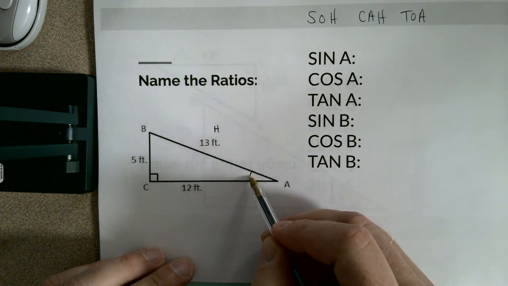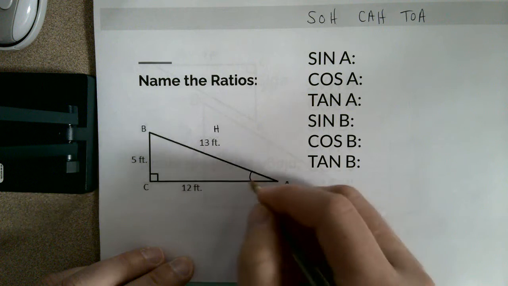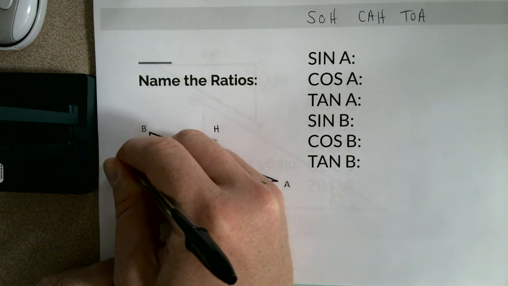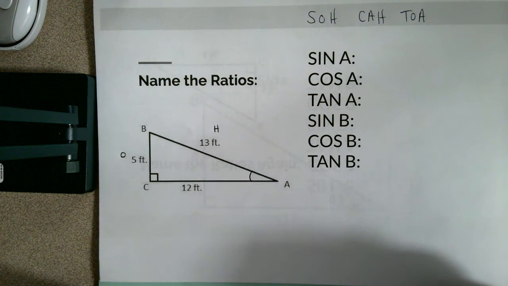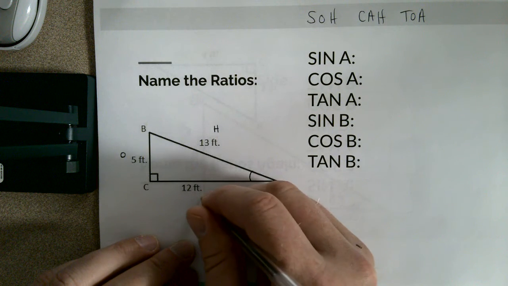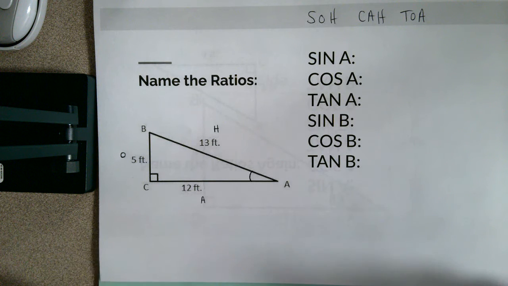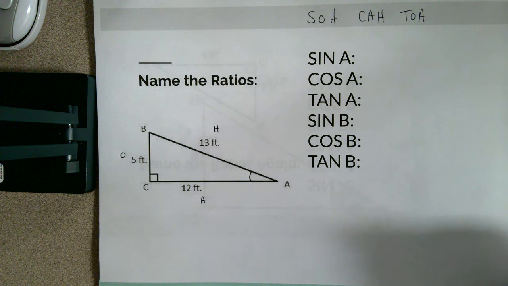With relation to angle A, side BC is the opposite side, so I'm going to put an O for opposite. That leaves me with side CA being my adjacent side, so I'm going to put a letter A next to that side. Once I've labeled the parts of my triangle, it should be pretty easy to identify my ratios.